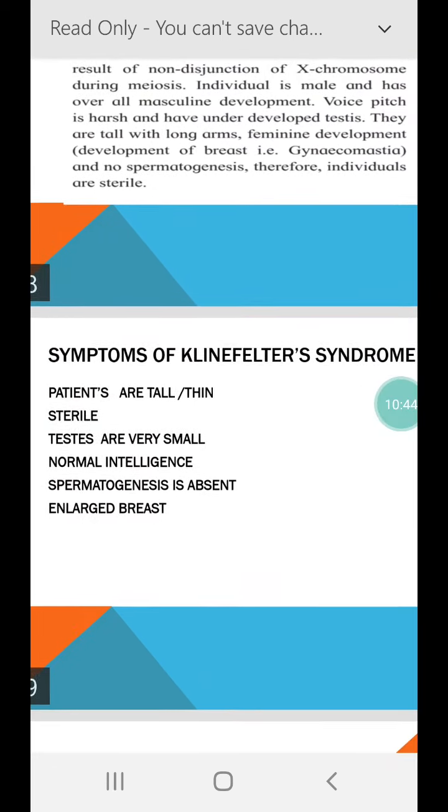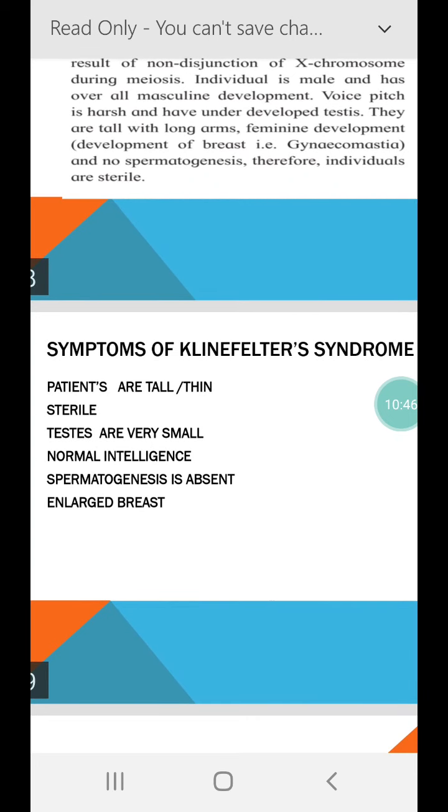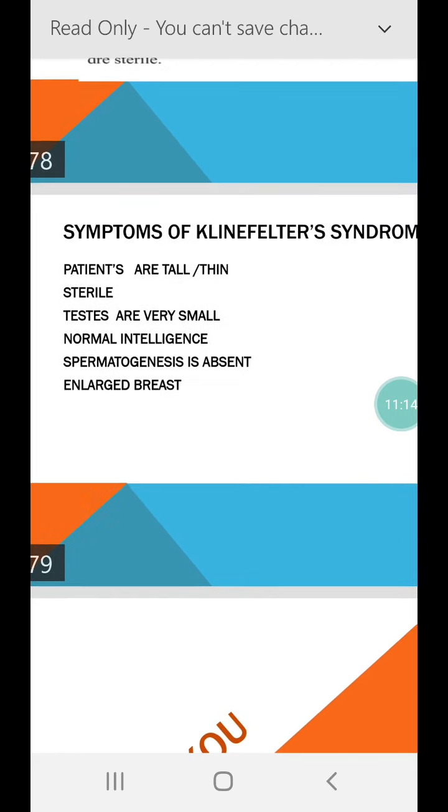Symptoms can be seen as the patients are tall and thin with normal intelligence, enlarged breasts, and they are sterile. Testes are very small. Therefore, spermatogenesis is absent. Sperm formation does not take place. So these are all the symptoms of Klinefelter syndrome.